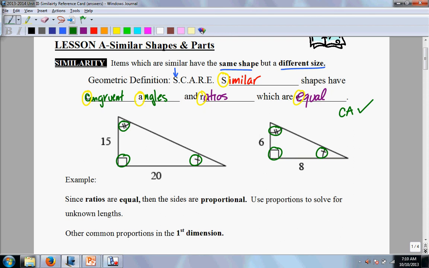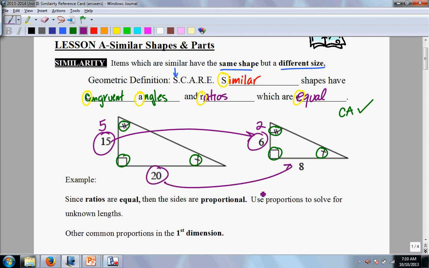And then let's look at the ratios. See if the ratios of the sides are equal. We have 15 and 6. 3 goes in there 5 times, and 3 goes in there twice. Let's check here. 20 and 8. 4 goes in there 5 times, 4 goes in there twice.